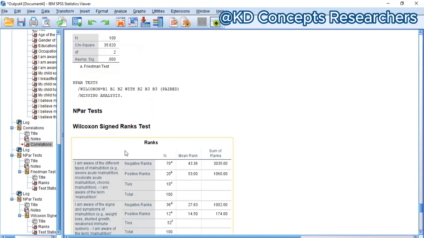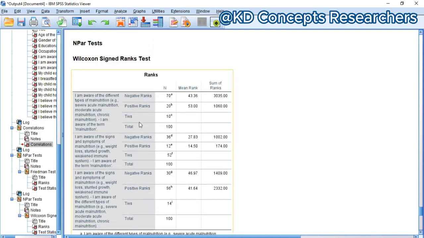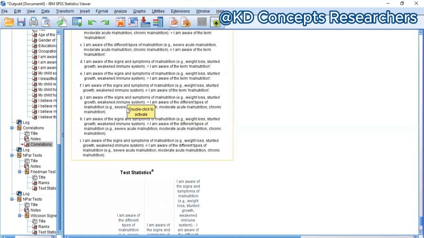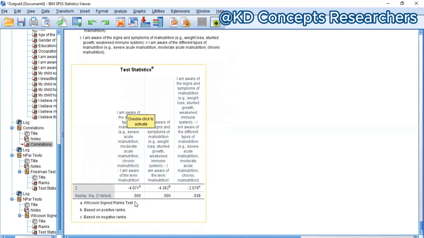Now, a post-hoc test was used to check where this significance lies, and we use the Wilcoxon post-hoc test to check for that. We find out that indeed there is a significant difference between all pairs: between B1 and B2, between B1 and B3, and between B2 and B3. So there are all-around differences in how the questions were answered with respect to section D.